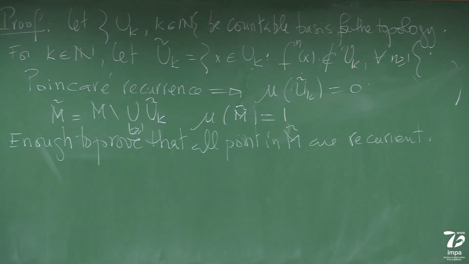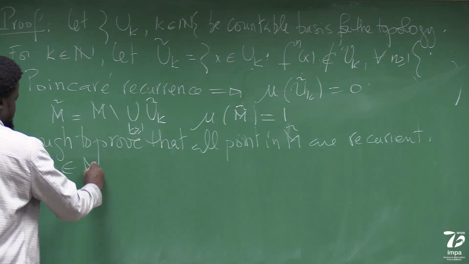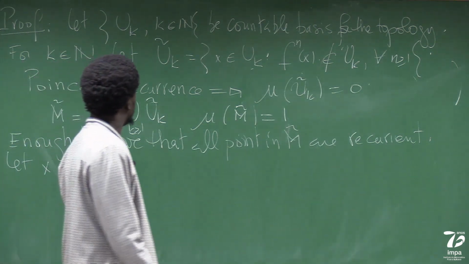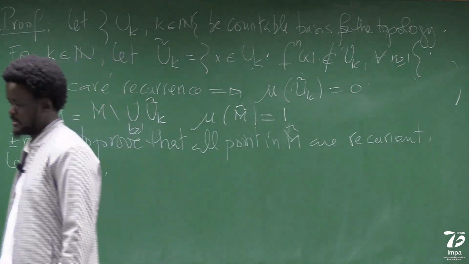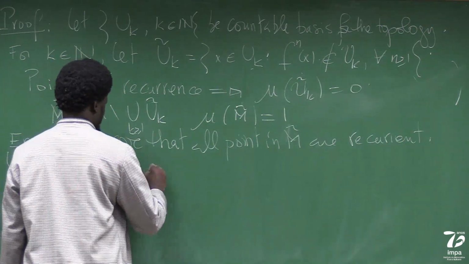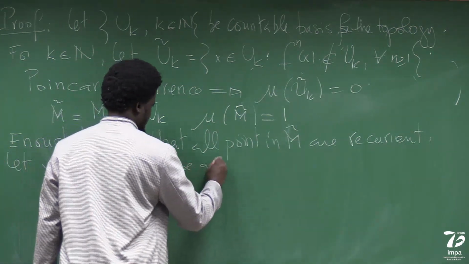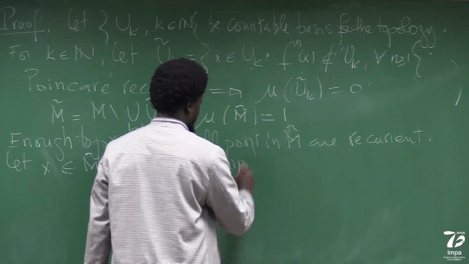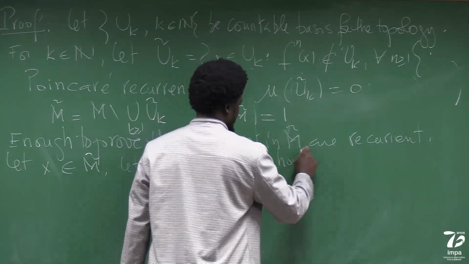So you pick a point x in M tilde, and a neighborhood U of x.